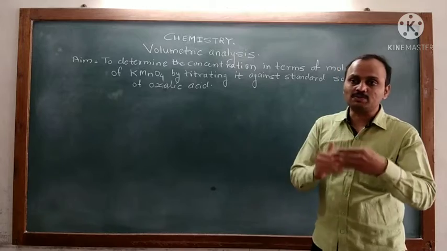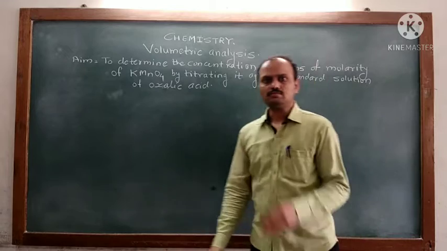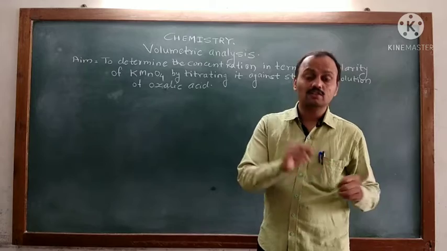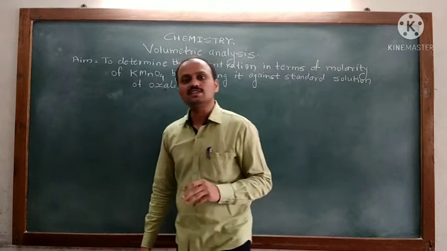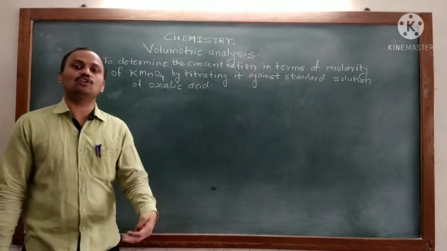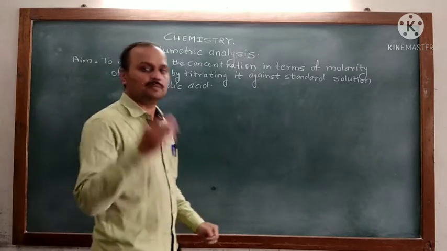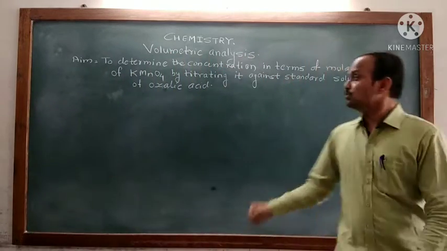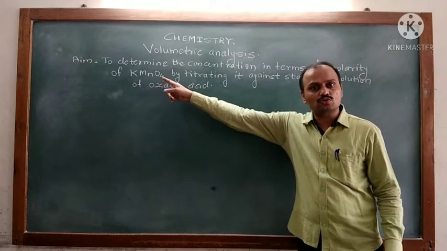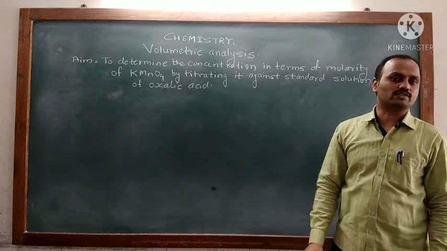So this experiment consists of two parts, part A and part B. Try to understand. Part A is the preparation of a standard solution of oxalic acid, and part B is to determine the concentration of potassium permanganate, or KMnO4, solution by titrating it against the standard solution of oxalic acid.